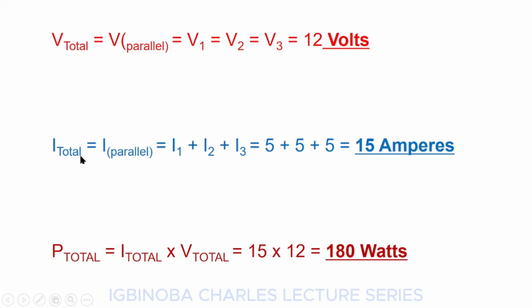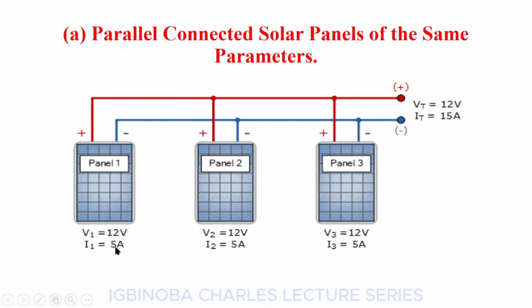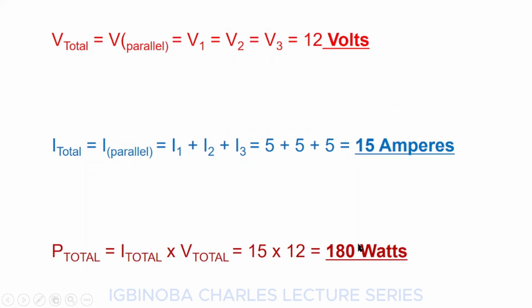But our total current is the summation of the individual panel currents. So all we need to do is to take this current 5 amps, this current 5 amps, this current 5 amps, and we add them together. So our total current IT is equal to 5 plus 5 plus 5, which is equal to 15 amps.